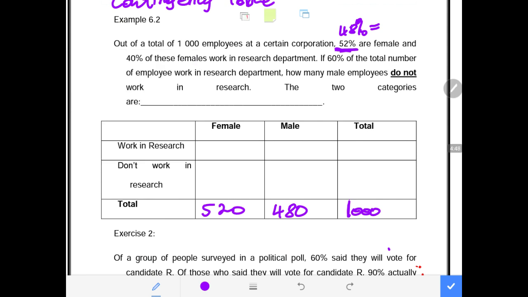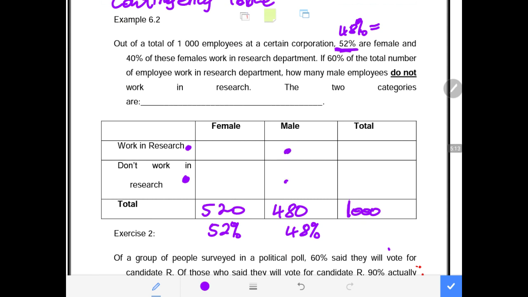We need to know now, if we have employees who are males and females, and the females are 52%, there's more females than males, and we have 48% males. Then we need to know what percentage of the females work in the research department and what percentage of the females do not work in the research department or they work in other departments.